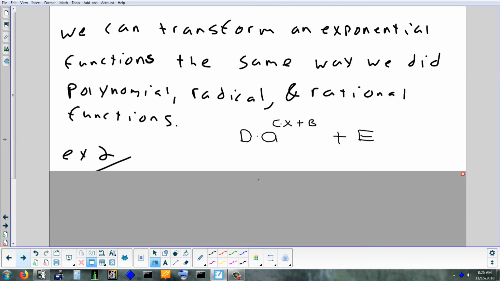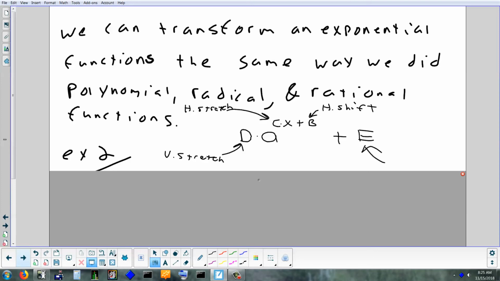The stuff inside is always your what? Horizontal or vertical? It's always the horizontal. Adding is always a shift. Multiplying is always a stretch. Now I'm outside. So when I multiply outside, D is a vertical stretch.